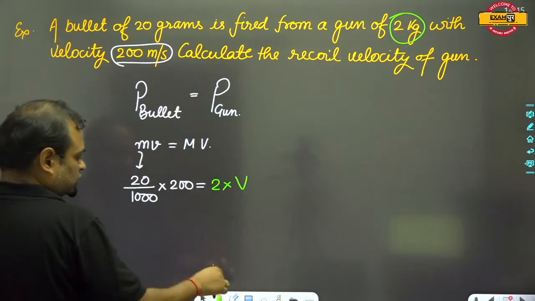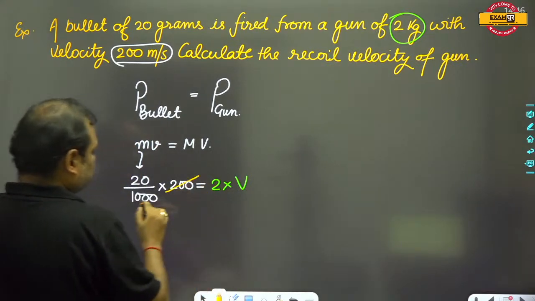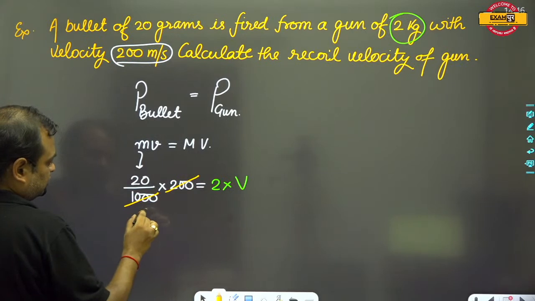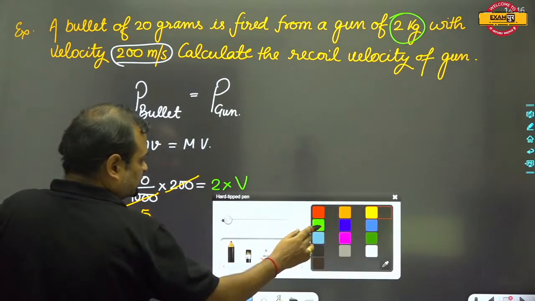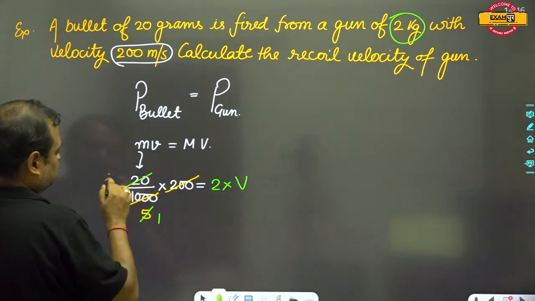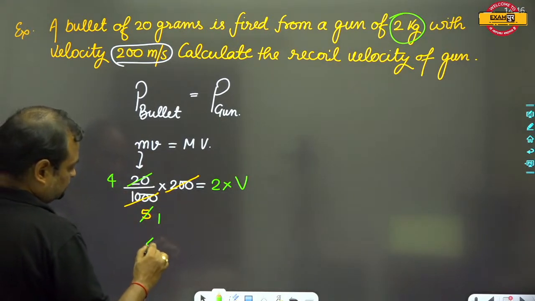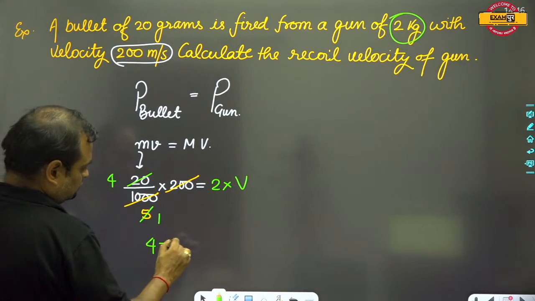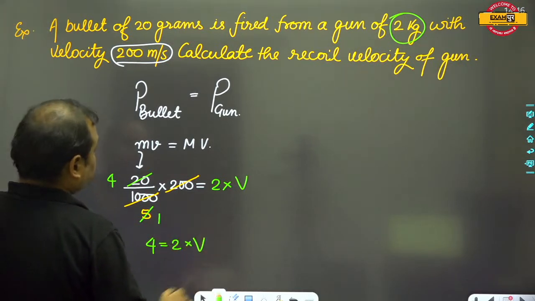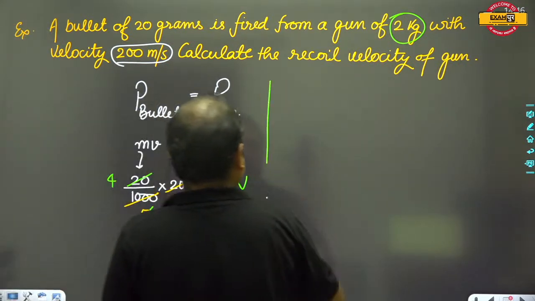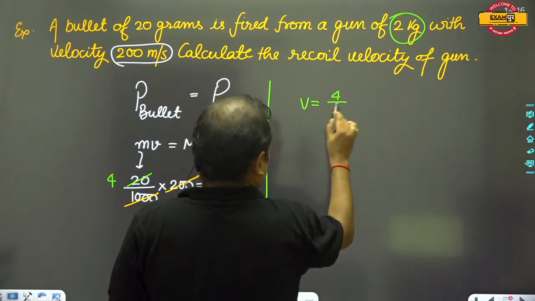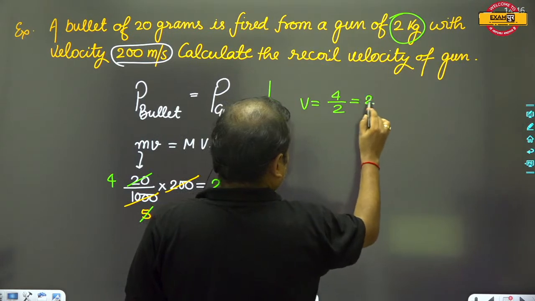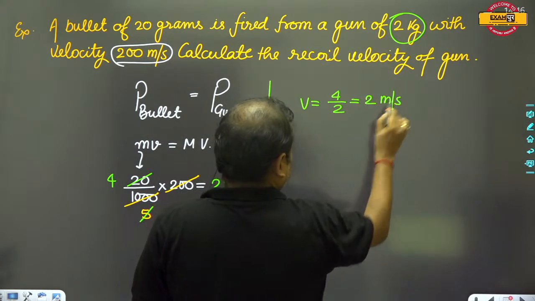Okay, so now here you can see that 200 into 20 upon 1000 is equal to 4. Now 4 will be equal to 2 into V. So V will be equal to 4 upon 2, and this will be equal to 2 meters per second.